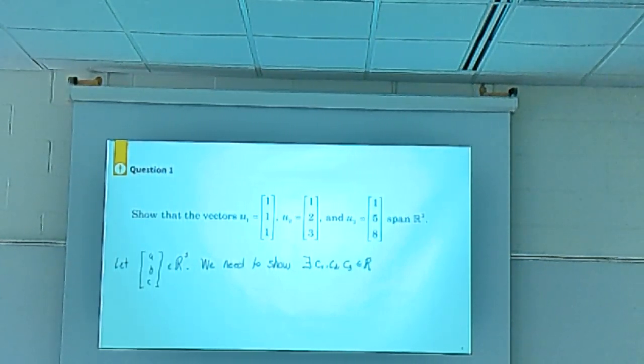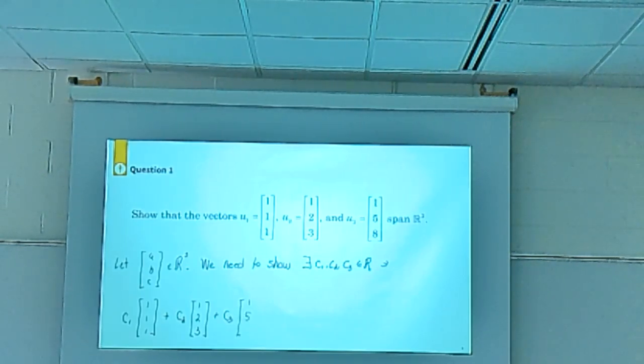What we need to do is show that there are three real numbers, C1, C2, and C3, such that C1 times U1 plus C2 times U2 plus C3 times U3 is equal to that vector ABC.